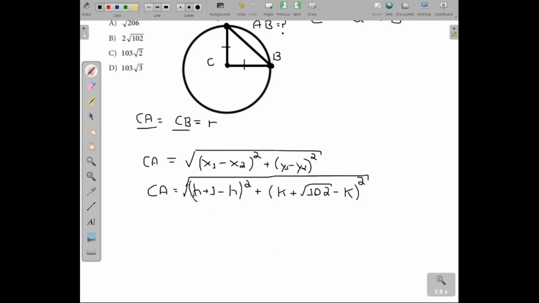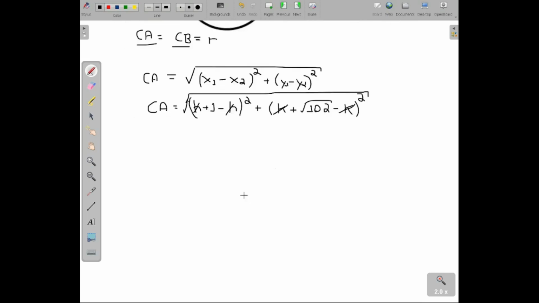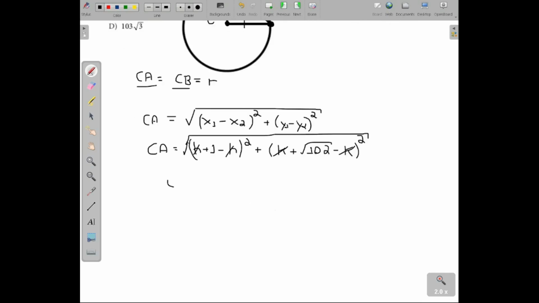Here we can simplify the h's and the k's, and we'll have CA equal to the square root of, we only have 1 here, 1 squared, which is 1, plus the square root of 102 squared.